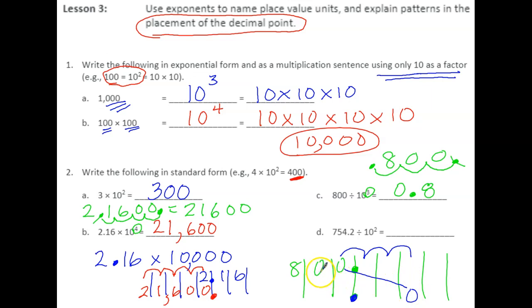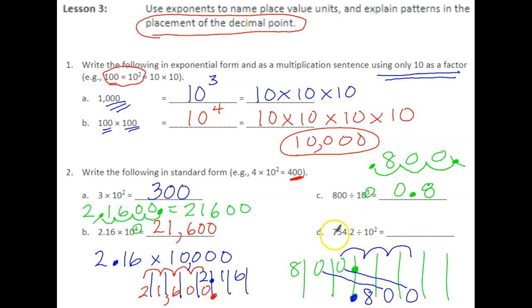This 0 that's in my tens place is going to move to my hundreds place, and my 8 that's in my hundreds place is going to move to my tenths place. Same thing I did here, but it made it look like the decimal moved in the opposite direction, but it really was the number moving. This 800 moved on the place value chart. Okay, so keep that in mind when we're talking about the placement of the decimal.